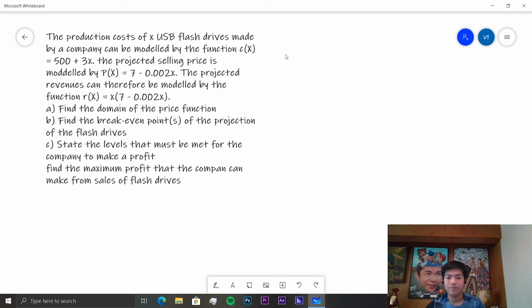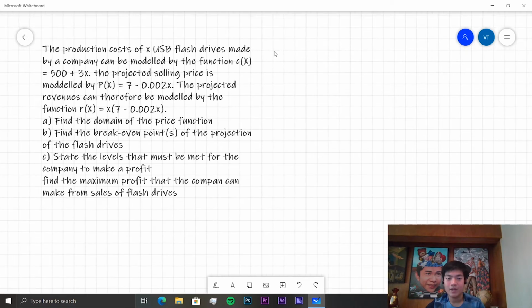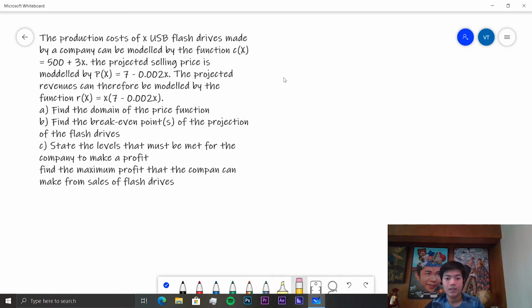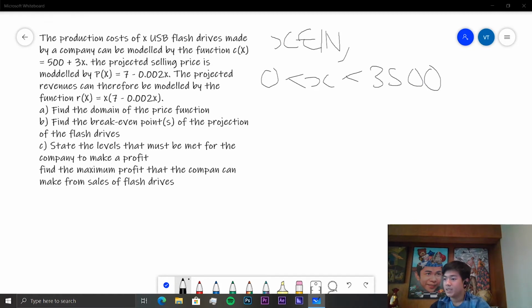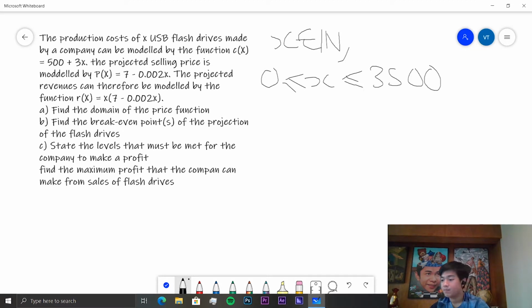So x is part of the natural numbers, and x is greater than 0 but less than, well, when will this price be 0? 7 over 0.002, so x is less than 3,500, because at that point the price would be 0. Actually, we could probably include these endpoints, to be honest.